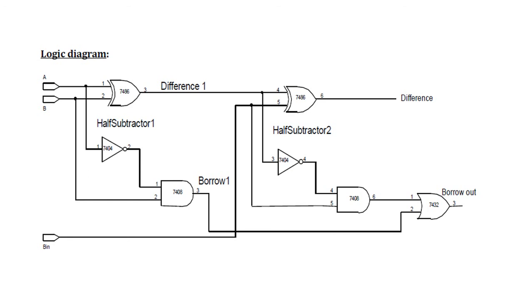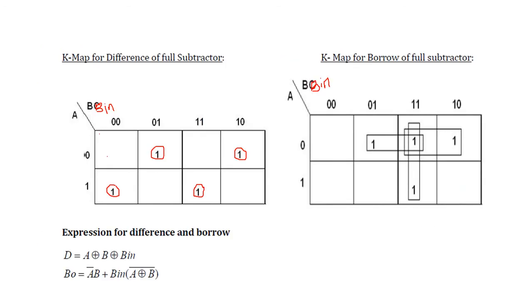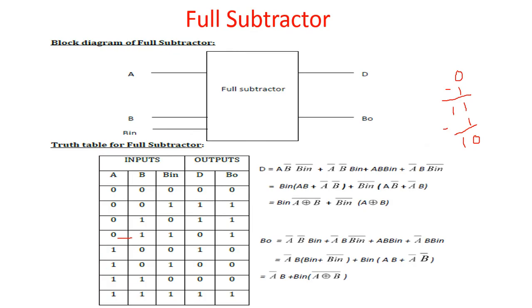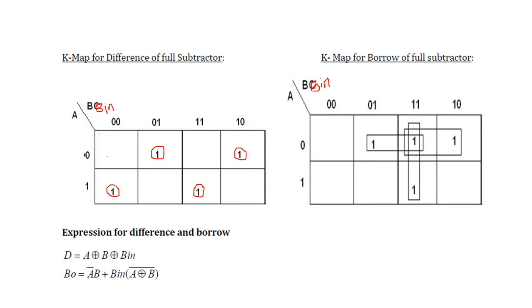For the 7432 OR gate, 1 and 2 is input, third pin is output. The expression for the borrow is A bar B plus B in into A XNOR B, right? This is the expression.